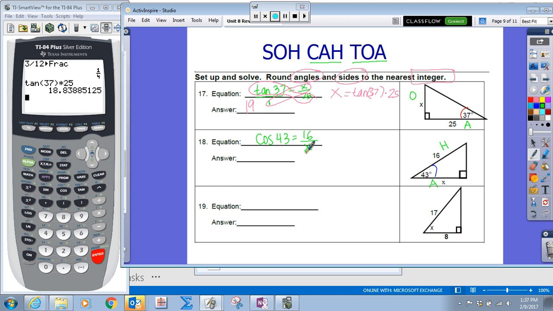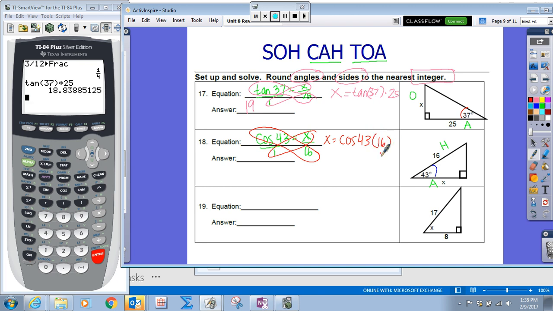No, sorry. That's supposed to be adjacent over hypotenuse, so x over 16. So again, we still cross multiply, so x equals the cosine of 43 times 16.